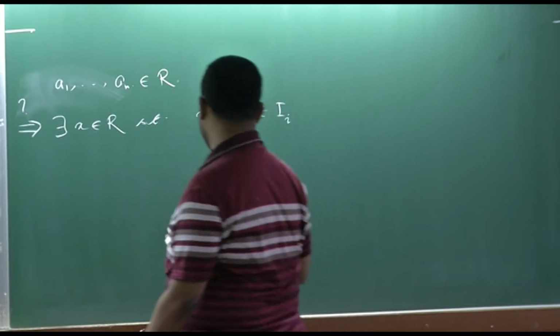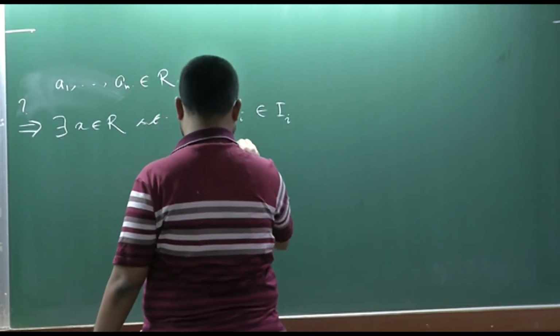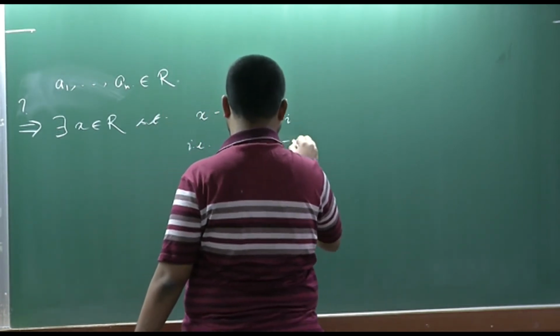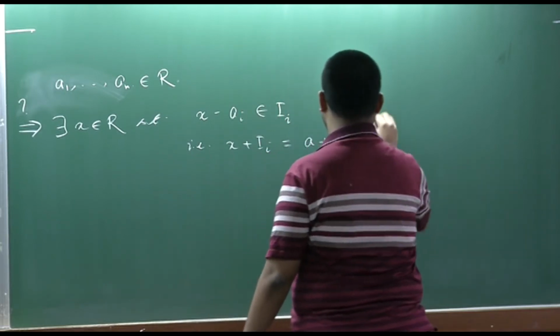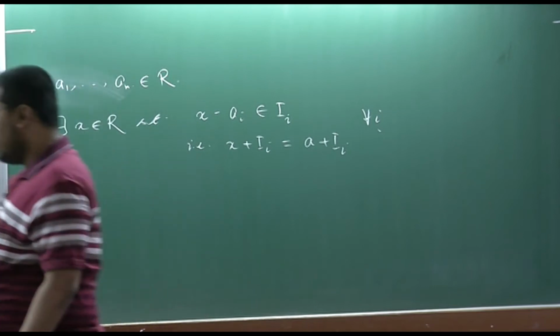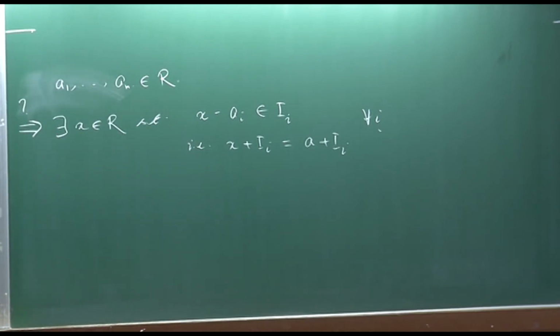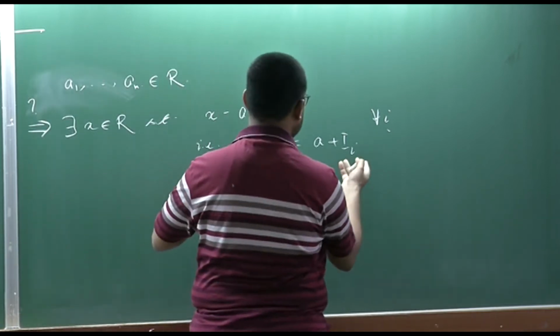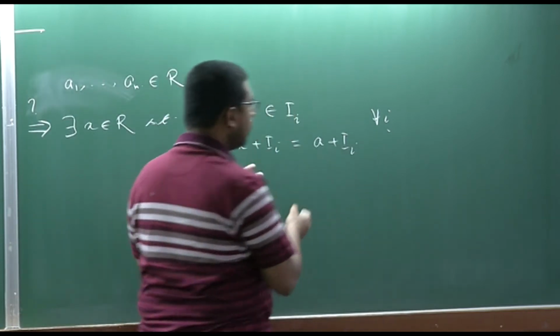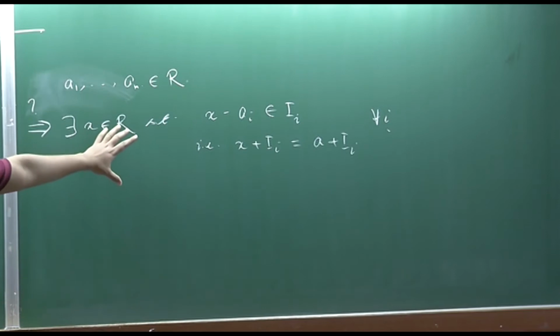That is all we have to do, because exactly this is the same as x plus Ii equals ai plus Ii for every i. Okay.